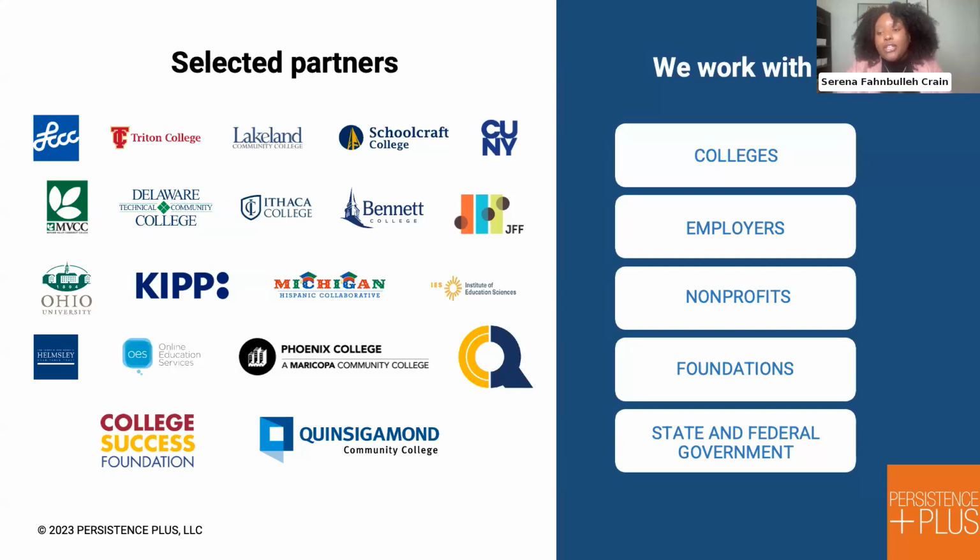We've partnered with foundations and nonprofit leaders like Jobs for the Future and the College Success Foundation, along with employers in the federal government. And so what all of this has allowed us to do is to expand our knowledge on how best to support students across multiple subpopulations, from high school through college graduation, as well as supporting their transition into the workforce.